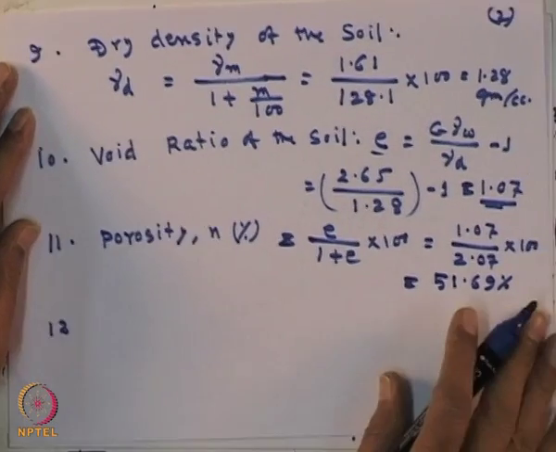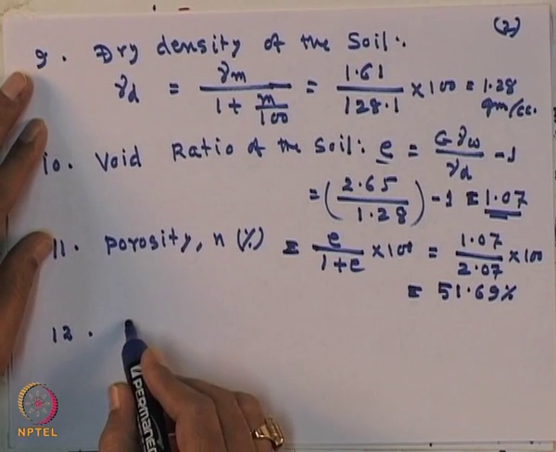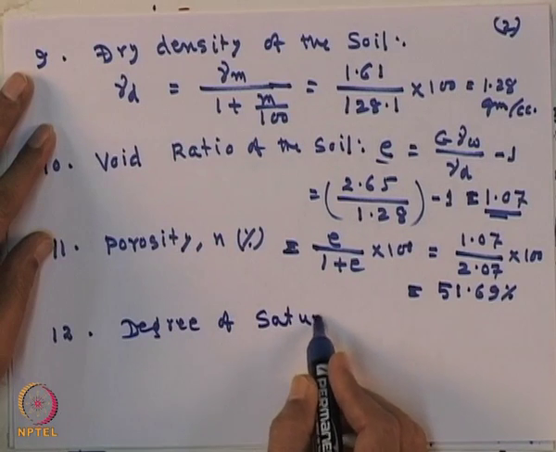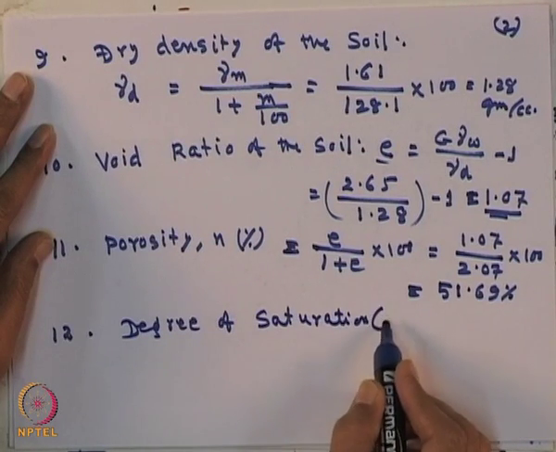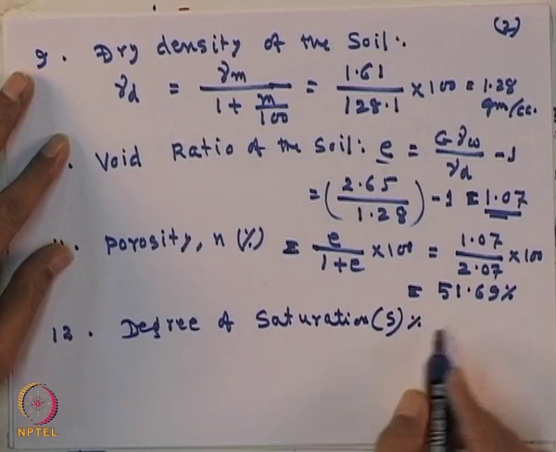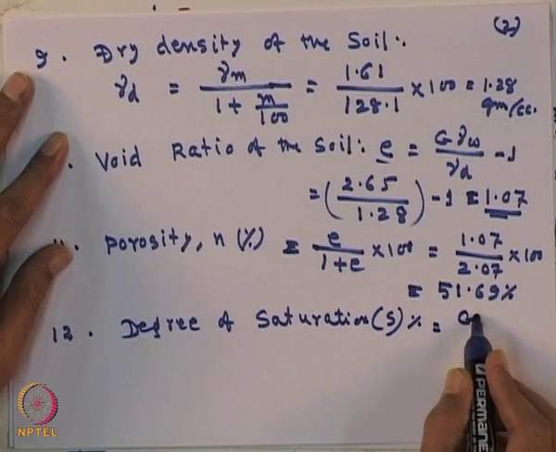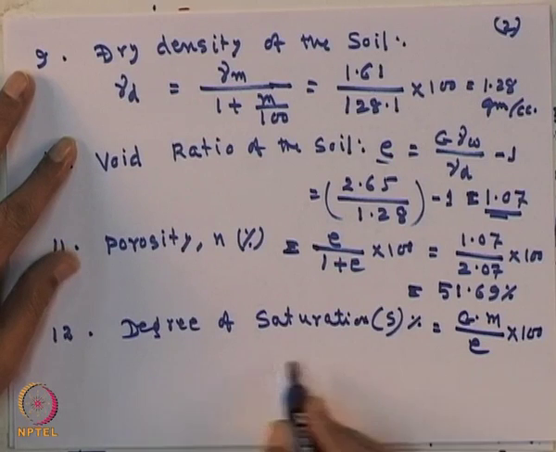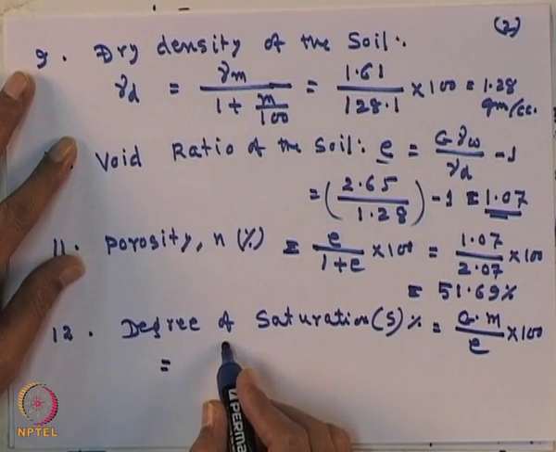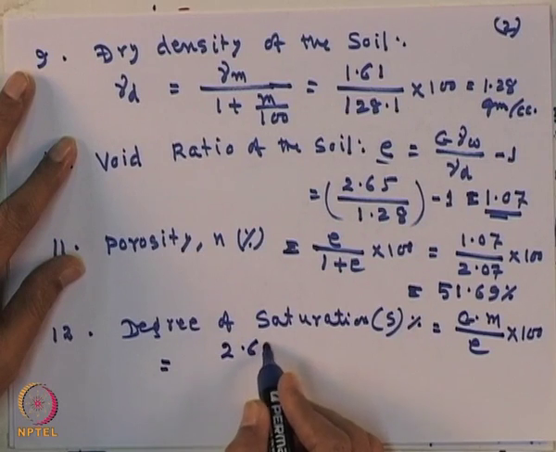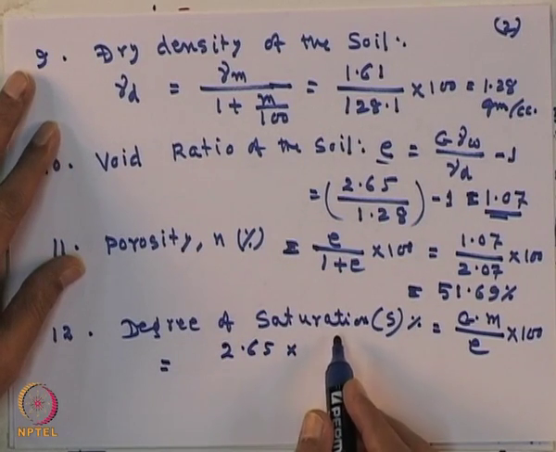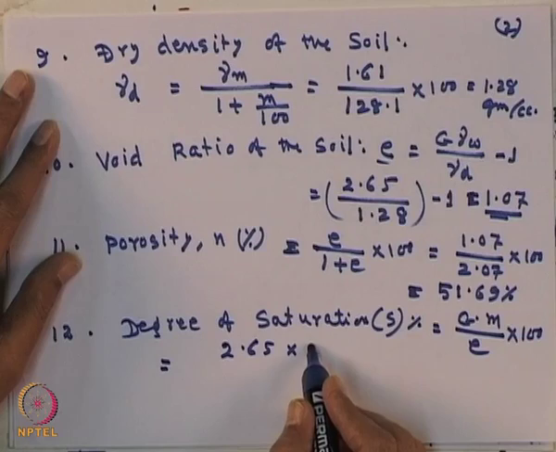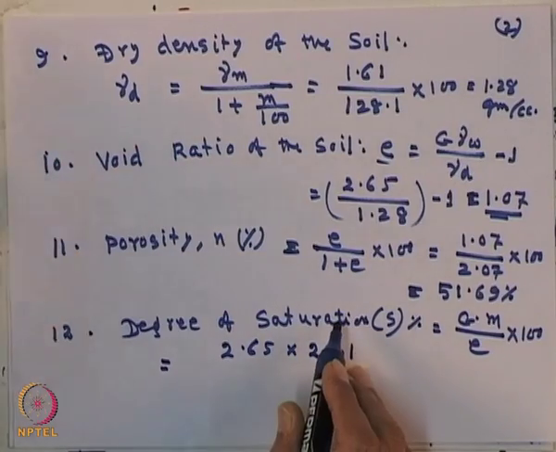Next, you can calculate the degree of saturation, that is S in percentage. This will be equal to G into M divided by e, into 100. So, G is 2.65 and M is the moisture content, 28.1, which I have shown you earlier.